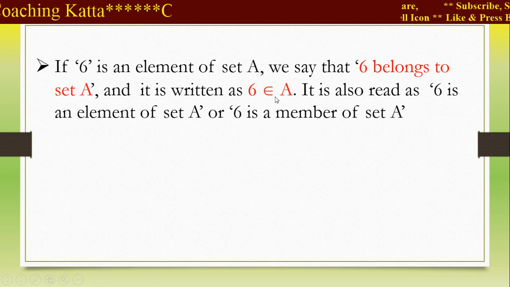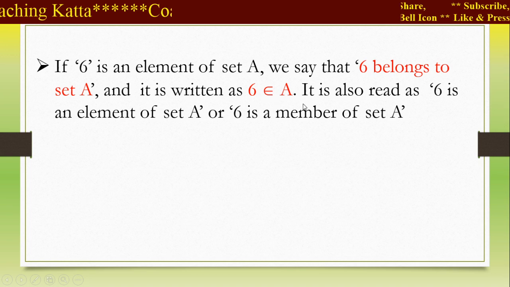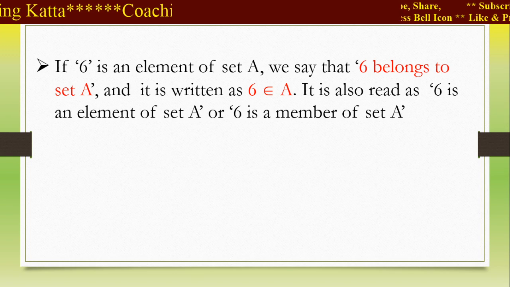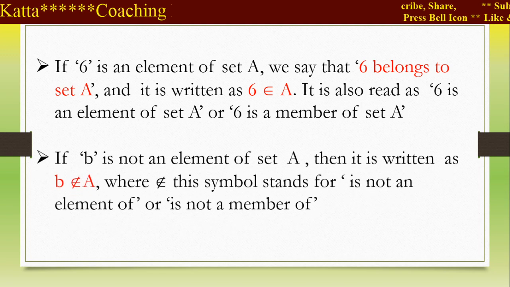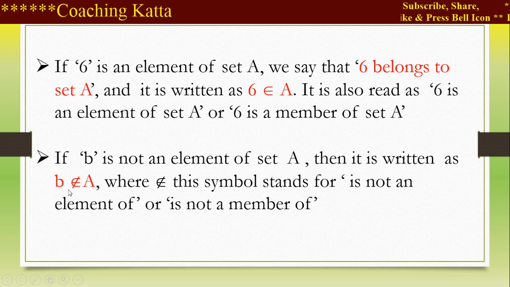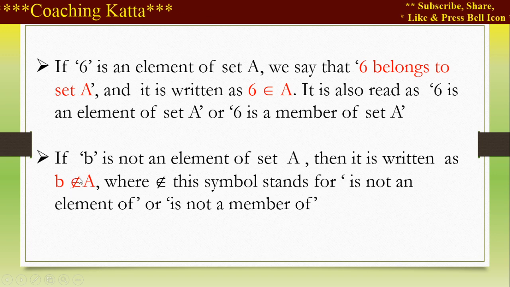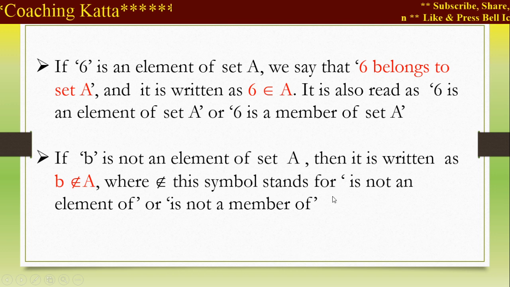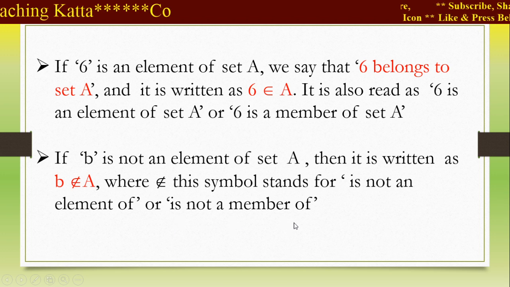It is written as 6 belongs to A. This is the epsilon symbol, Greek symbol epsilon. It is also read as 6 is an element of set A or 6 is a member of set A. If B is not an element of set A, then it is written as B does not belong to A. This is another symbol, which stands for is not an element of or is not a member of.